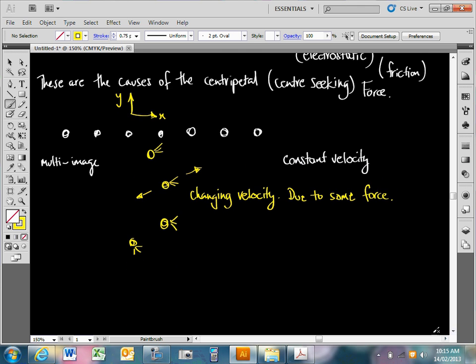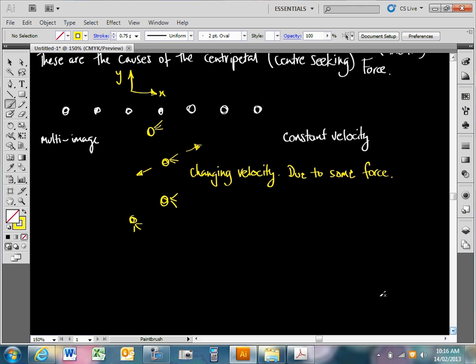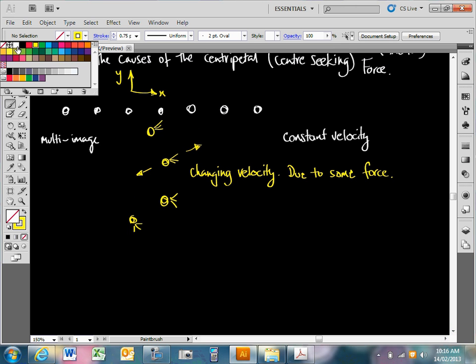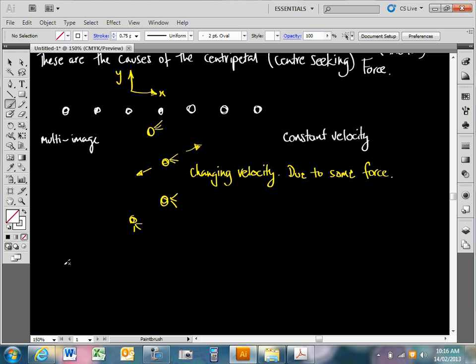We've already said about the example of the spaceship, so we'll just go straight to one of our first formulae for this. A sub C means centripetal acceleration. A sub C equals, does anybody know what it equals?